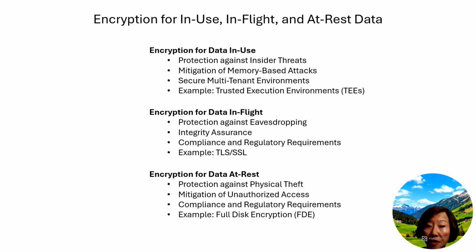Encrypting data at rest ensures that even if physical storage devices are stolen or lost, the data remains unreadable without the decryption key. You also want to mitigate unauthorized access by providing this layer of security that protects data even if an attacker gains physical or logical access to the storage media.